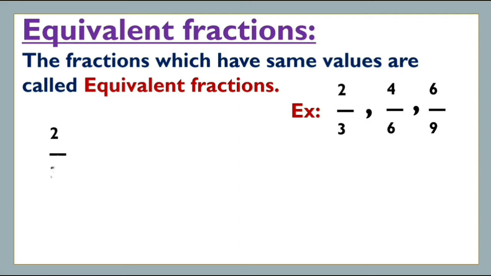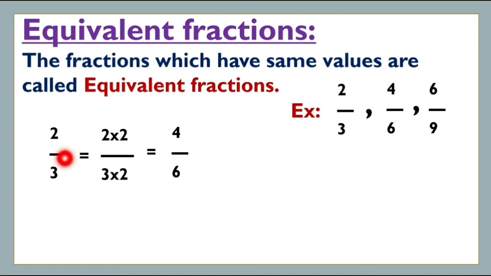Just observe that 2 by 3 is the simplest form of the fraction, and if you multiply numerator and denominator with the same number, here I am multiplying with 2, then it becomes 2 into 2 by 3 into 2. So we get 2 2s are 4, 3 2s are 6. We get 4 by 6.